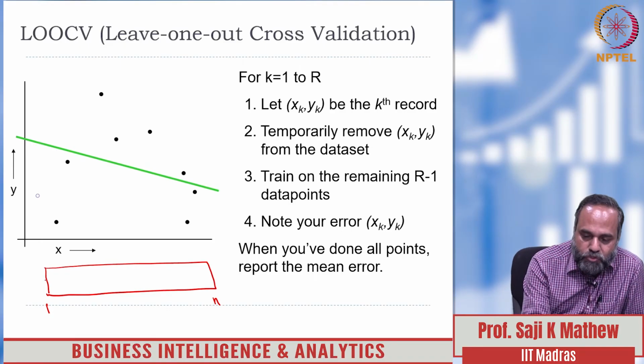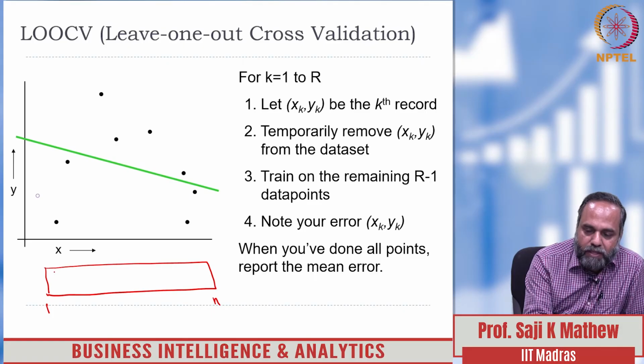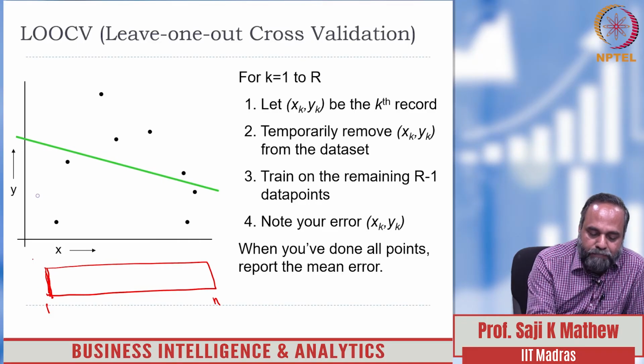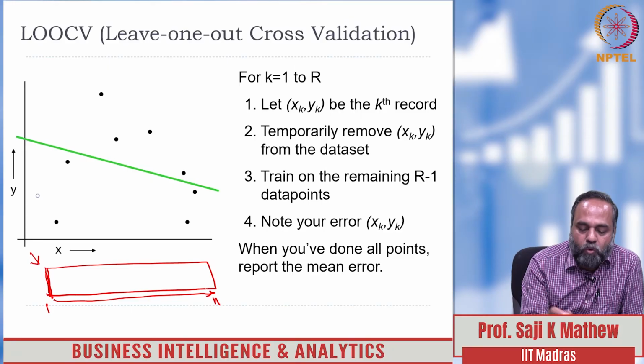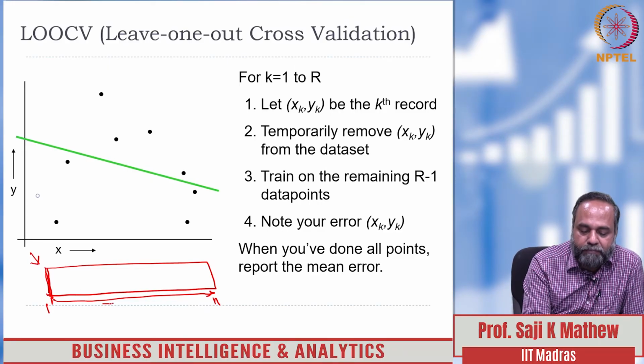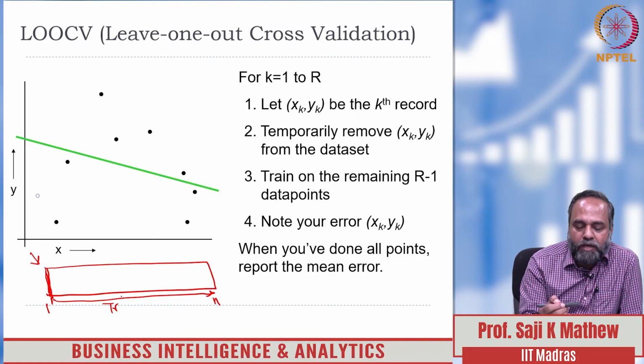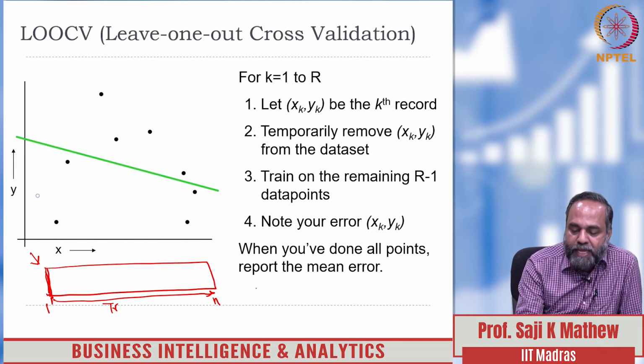You first choose one data point, maybe the first data point, x1 y1, leave this out, and use the rest of the data for training. You build a model using n-1 data, with the first point left out, and then you will get an MSE.